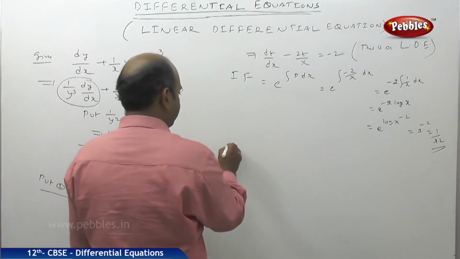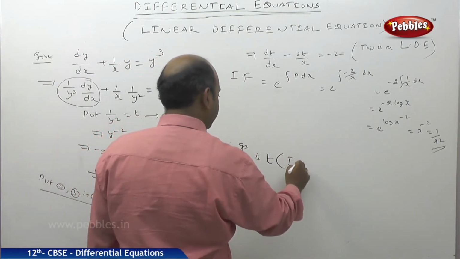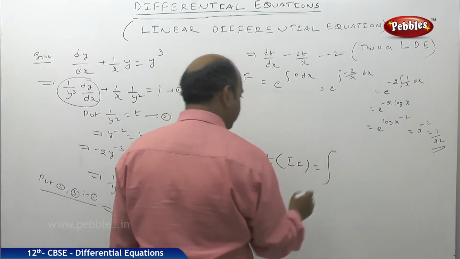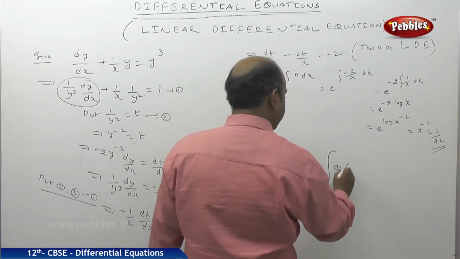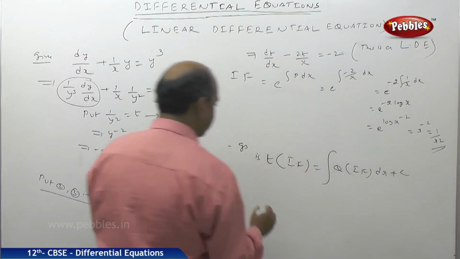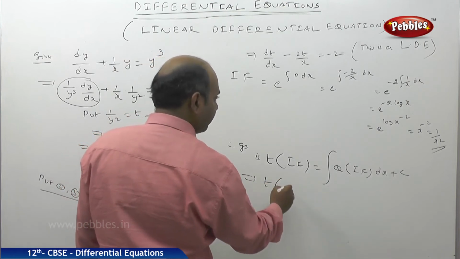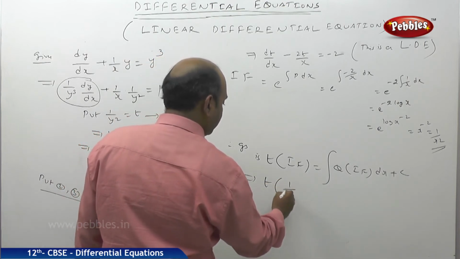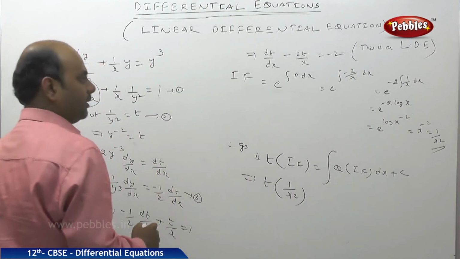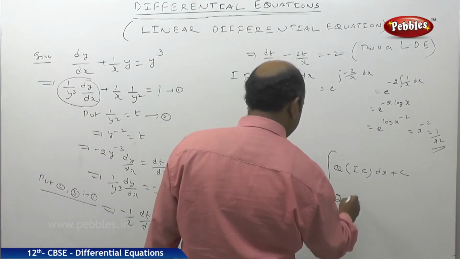Therefore the general solution means t into integrating factor is equal to integral of q into integrating factor dx plus c. So what happens? t means t only. Integrating factor means 1 by x square, and q means minus 2.